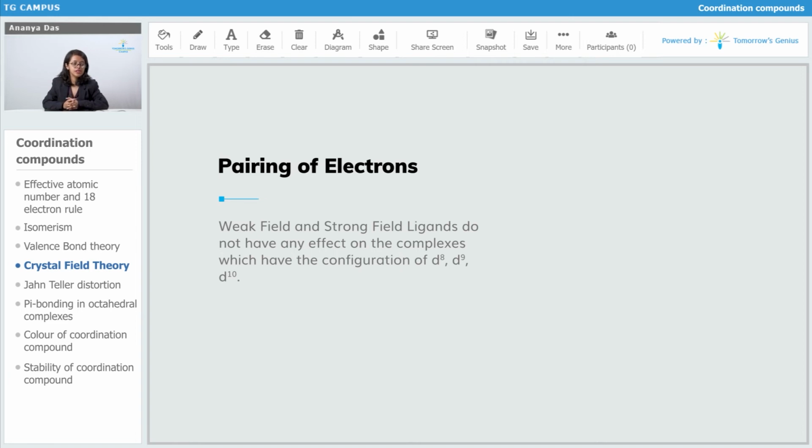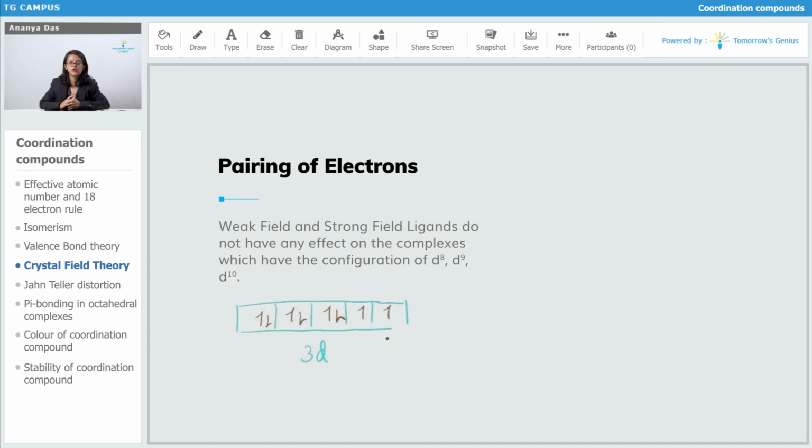Similarly, weak field ligands and strong field ligands do not have any effect on complexes of configuration d8, d9, d10. Again, let us make our 3d orbital and fill in electrons. Let us start with 3d8: 1, 2, 3, 4, 5, 6, 7 and 8. 2 electrons are unpaired, which means these electrons can pair up.